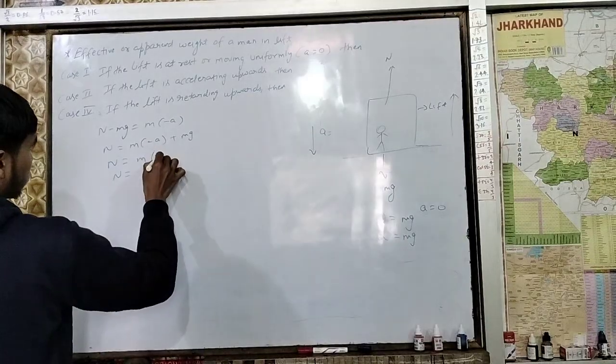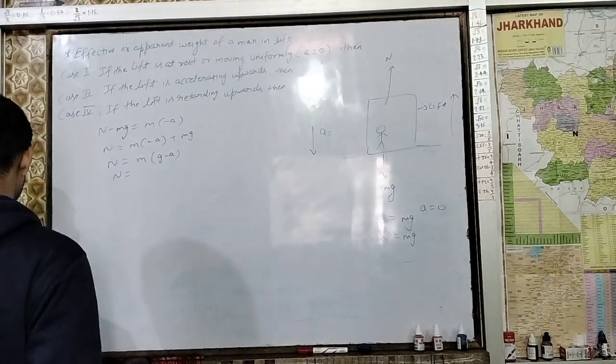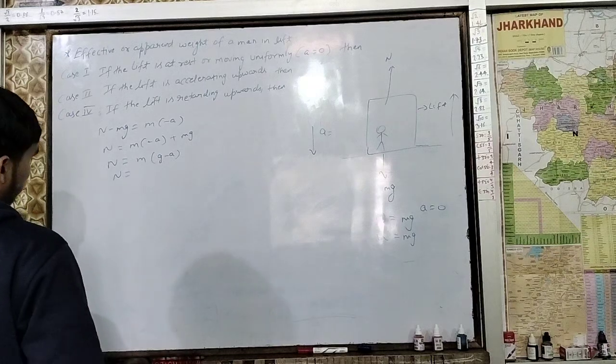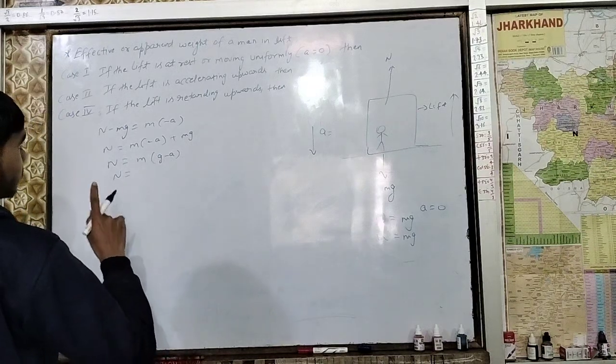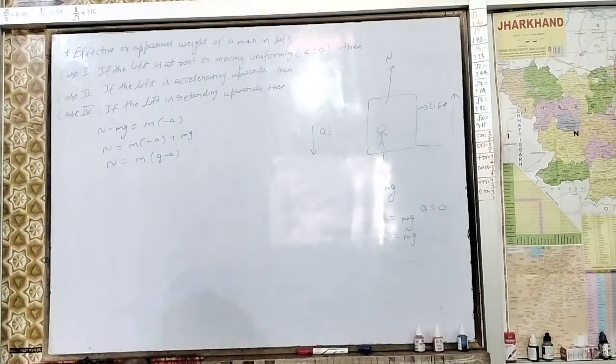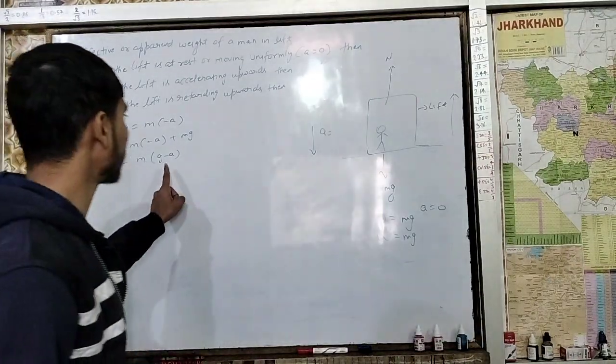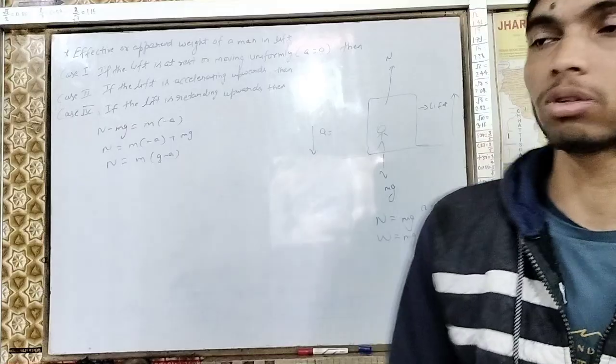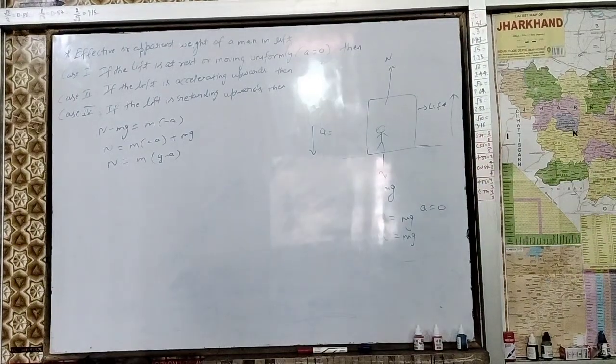So finally we have the equation N is equal to m(g minus a), here minus is for retardation. Clear?